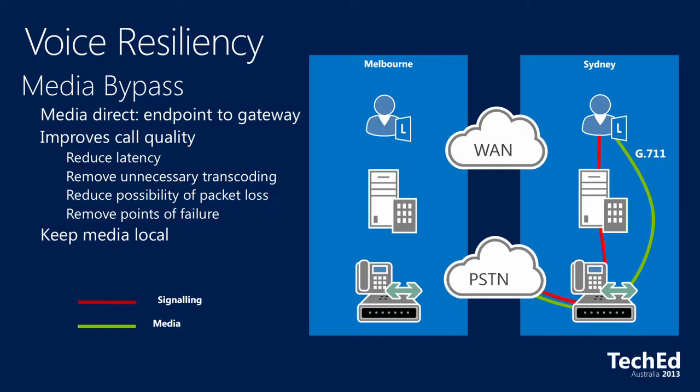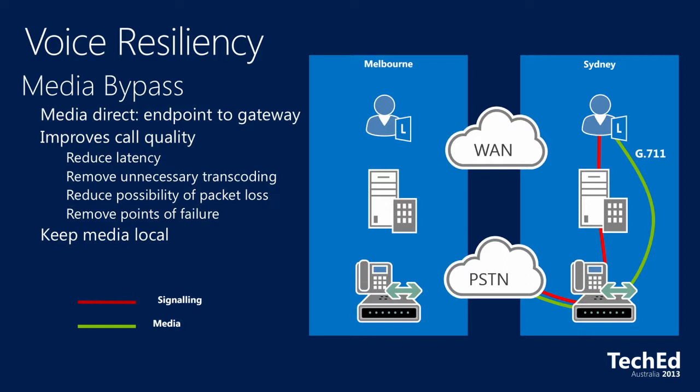All our signaling is still going through this server, which is not resource intensive, but we're able to send our media directly to supported devices. Looking at the UC/IP interoperability, this device needs to be able to support that. So we're sending G711 codec directly from a user to the gateway, which goes out to the PSTN network.